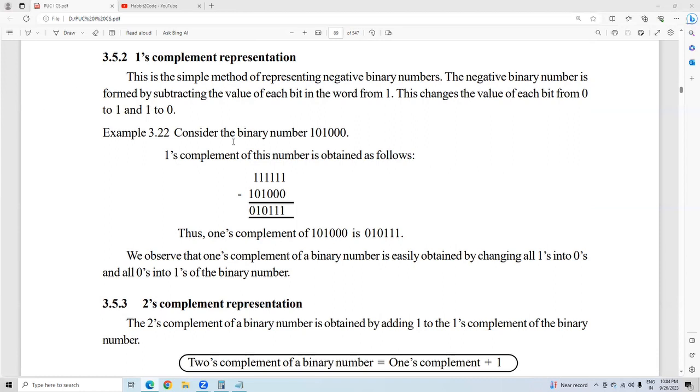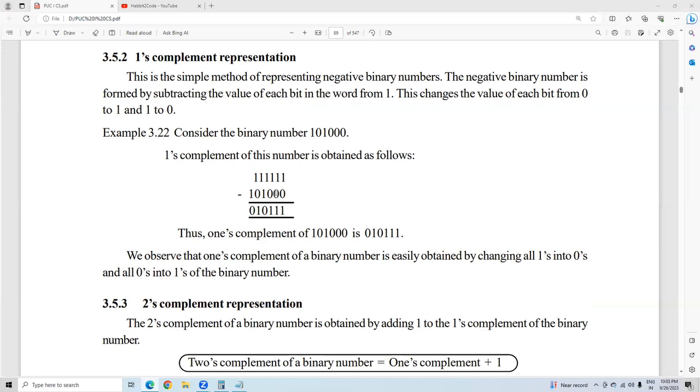Let us take an example. Consider the binary number 101000. Let us see what it is going to be in the ones complement representation.